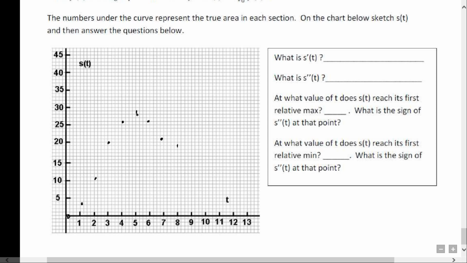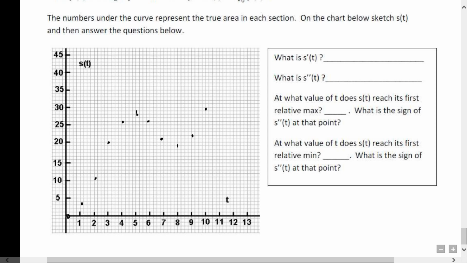T equal 9, you get 22. T equal 10, you're back up to 30.